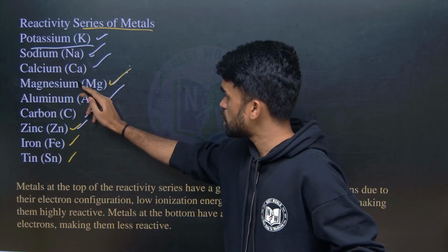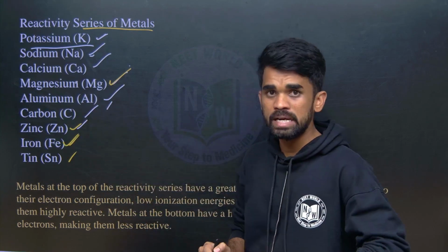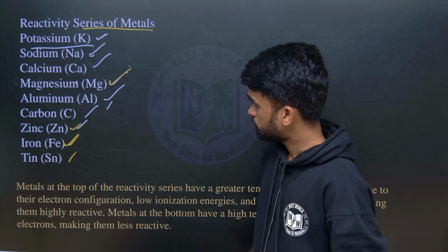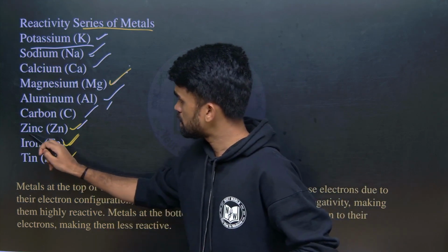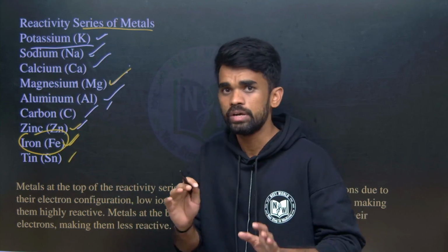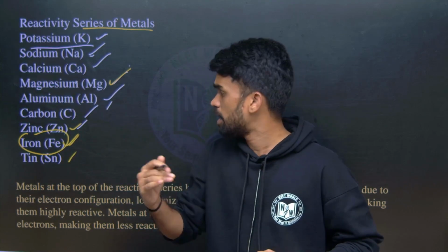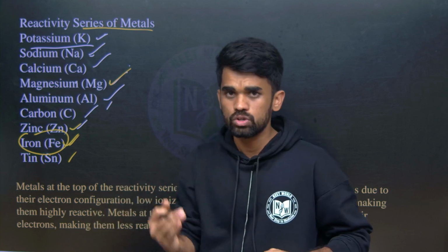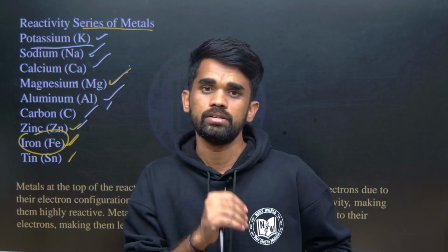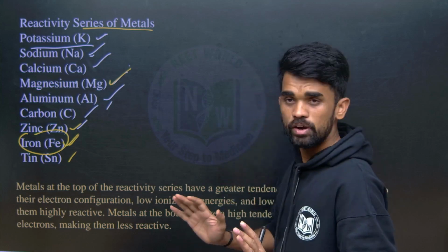Magnesium can displace iron from its solution. I hope it is clear. Now tell me, will iron displace magnesium from its solution, yes or no? No, iron won't displace magnesium from its solution, because magnesium is more reactive than iron, right? I hope it is clear.